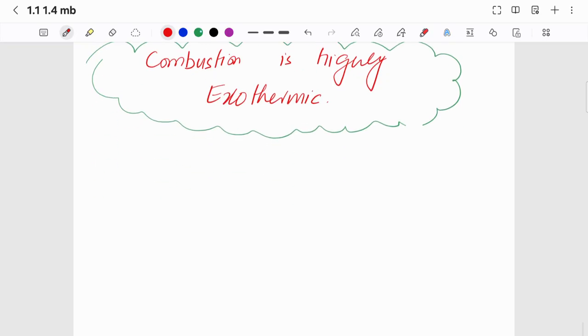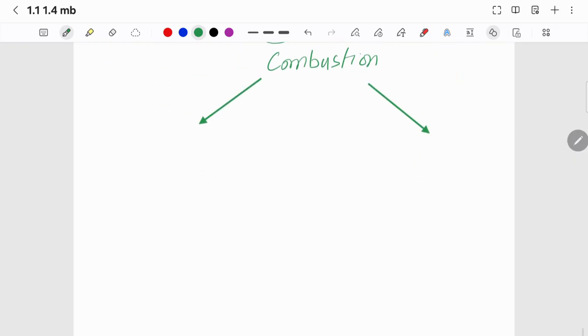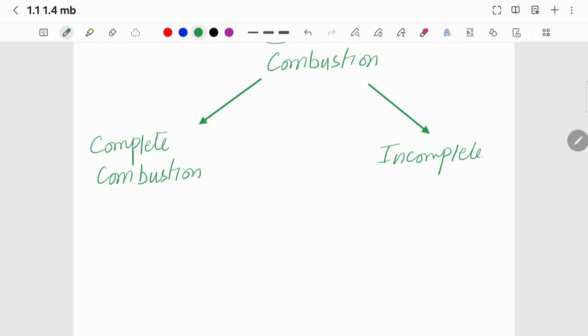I want to add one more thing here. Combustion is normally of two types. The one is called complete combustion, and the other one is called incomplete combustion.